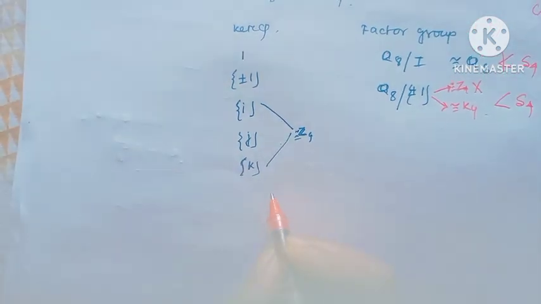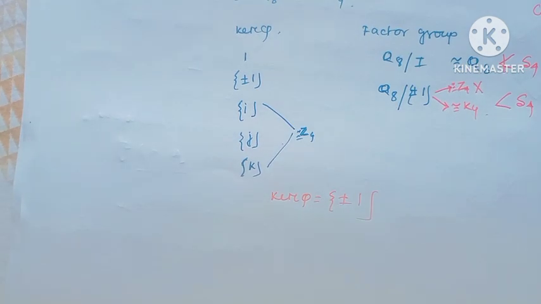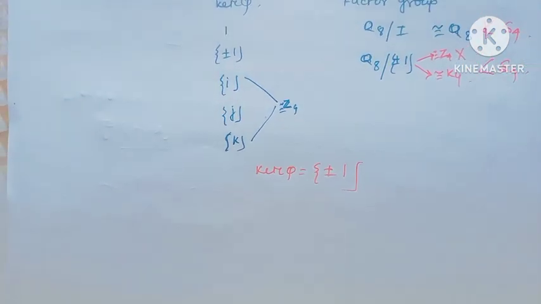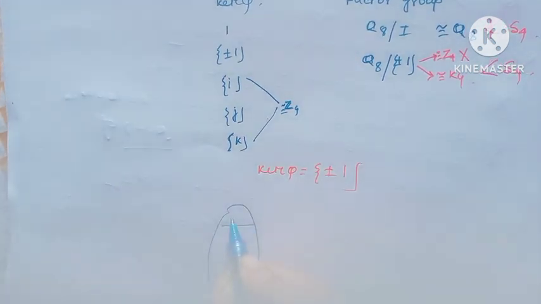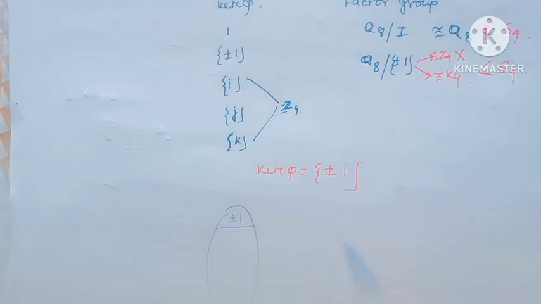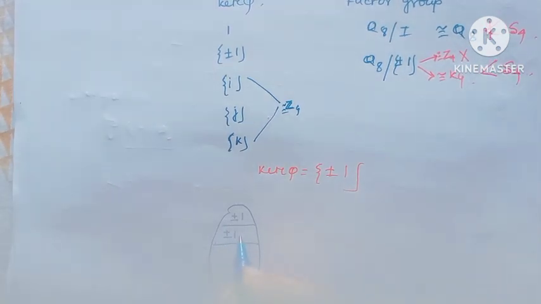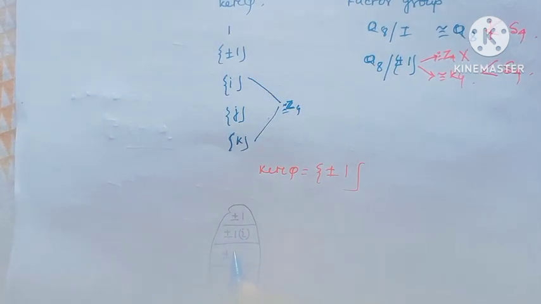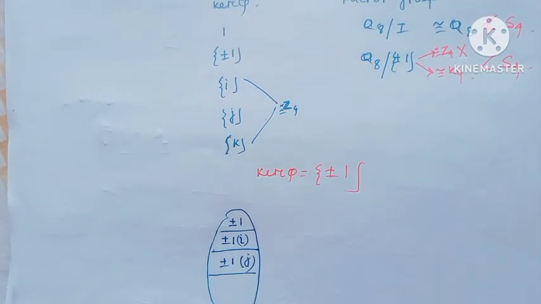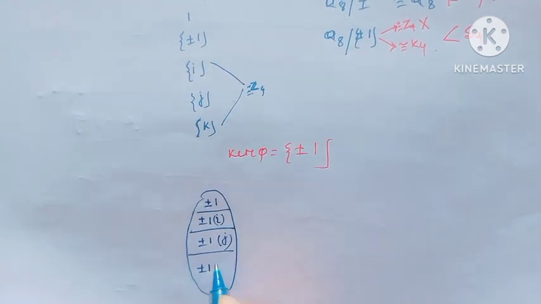The homomorphism would be of this type when kernel phi equals plus minus 1. Then the other cosets would be plus minus 1 times i, plus minus 1 times j, plus minus 1 times k.